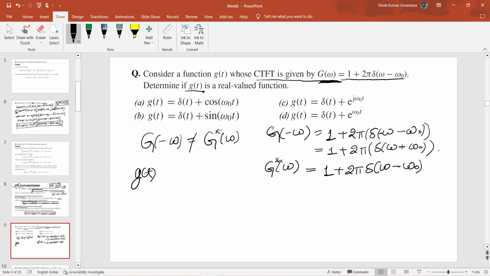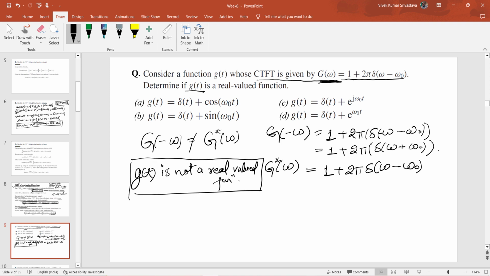So from here we can say that G of t is not a real valued function.